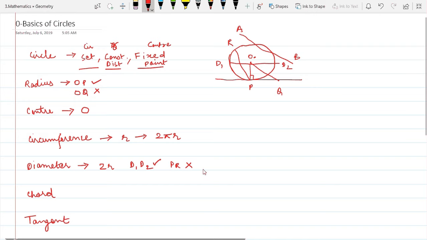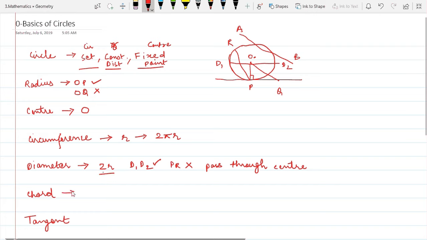Why? Because a diameter has to pass through the center. Only if a line touches a circle at two distinct points on the circumference while passing through the center, only then can you call it a diameter. And the diameter is twice the length of the radius.